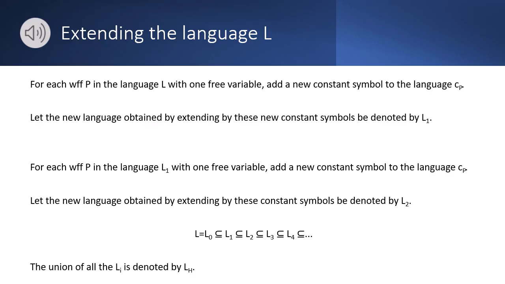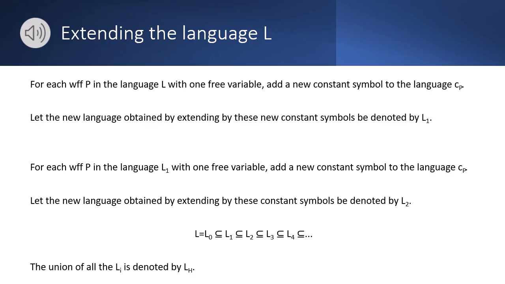When we do that, we introduce a whole bunch of brand new well-formed formulas that we couldn't have produced in L, but we can now produce in L1, because we can use these new constant symbols to build up well-formed formulas with one free variable. So we have to repeat the entire process again.